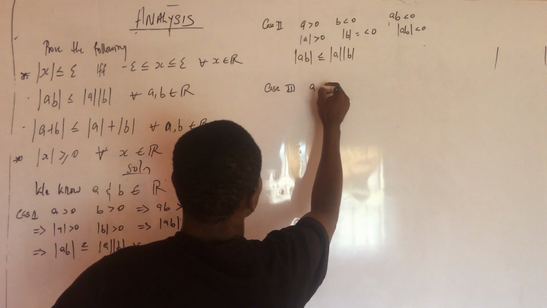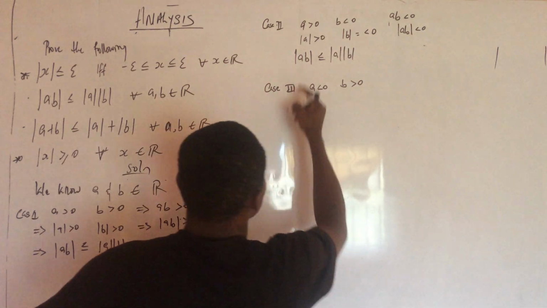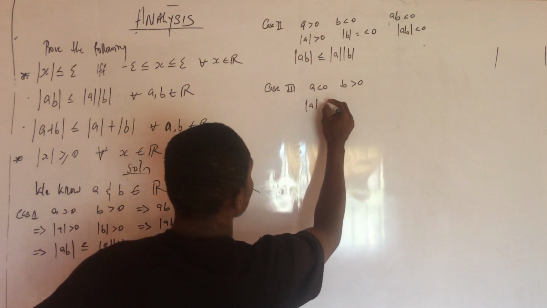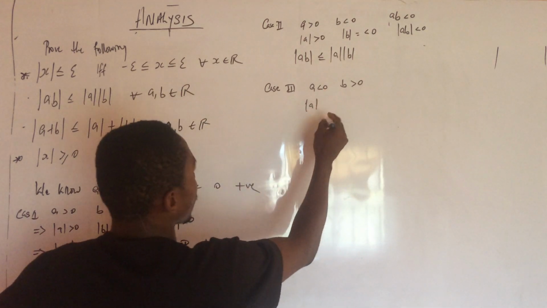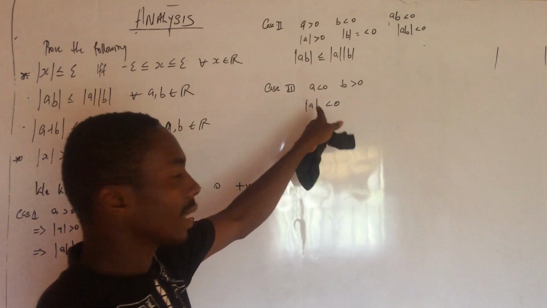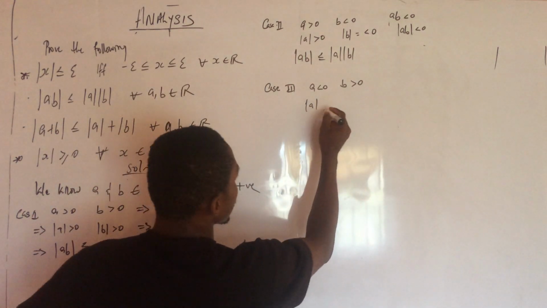Now go to case 3. When A is negative, B is positive, the same thing holds. The absolute value of A will now be less than 0, so it's going to return negative.